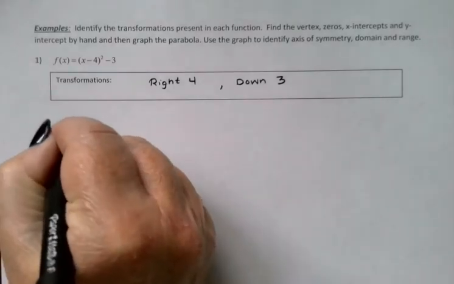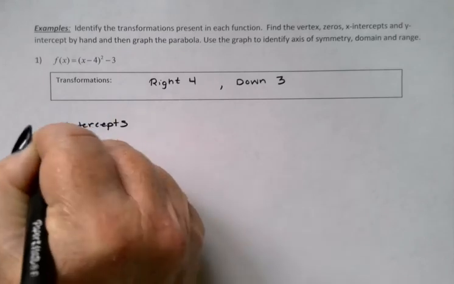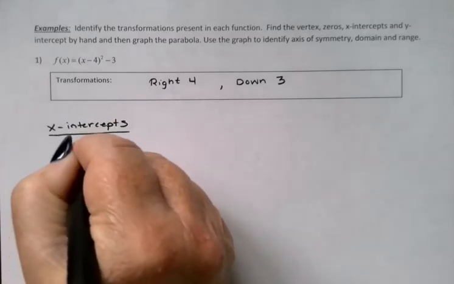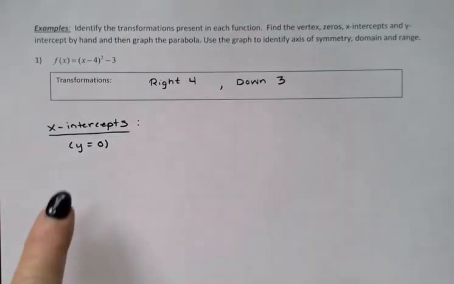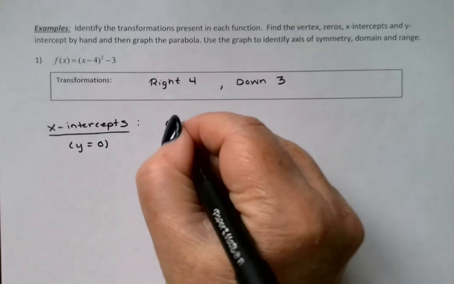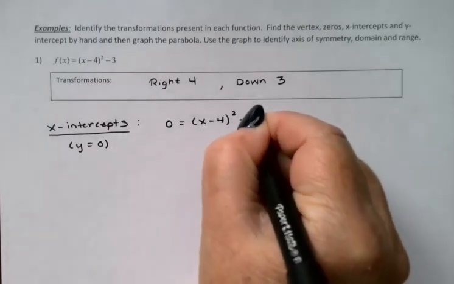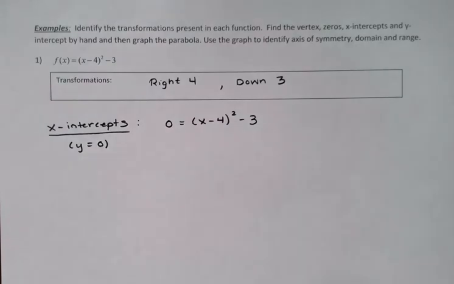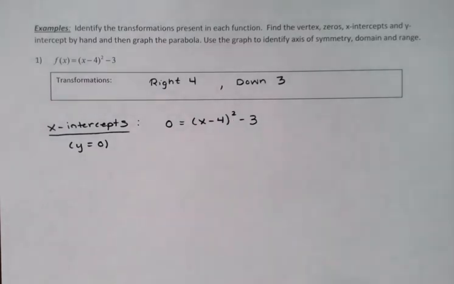For the x-intercepts, we always plug in y equals 0. In this case, y is really the f of x, so I'm setting f of x equal to 0. And again, because of the square here, the easiest way for me to solve this equation is using a square root method.